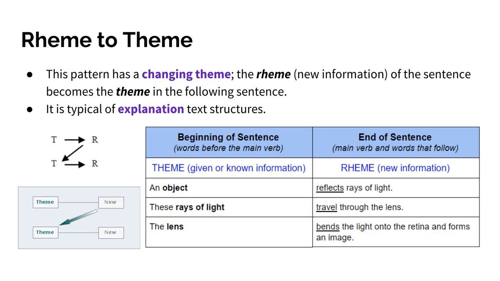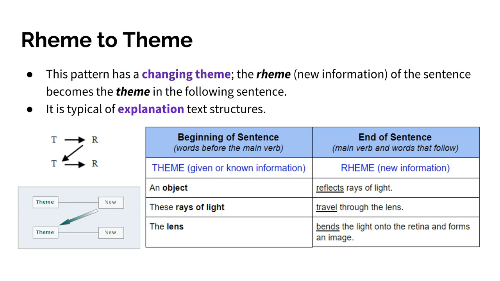So the rheme to theme pattern has a changing theme, and generally the rheme or the new information from the previous sentence becomes the theme of the following sentence. So in this example, we've got an object reflects rays of light.